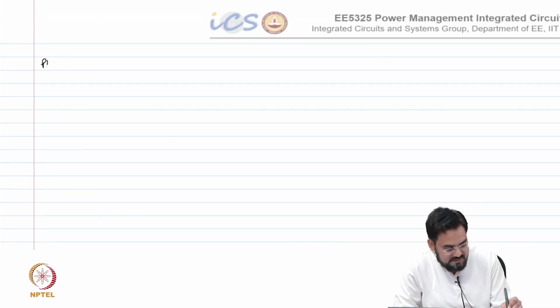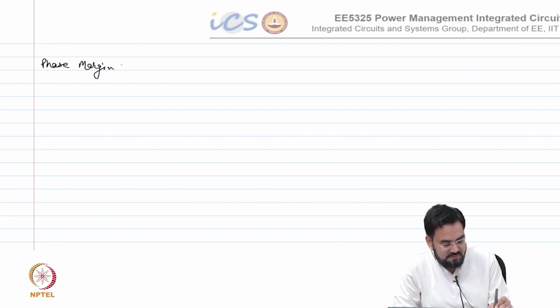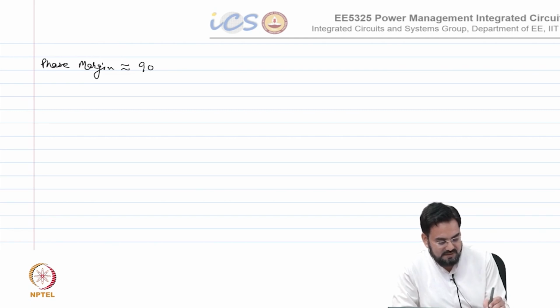So phase margin is approximately 90 zeta to 100 zeta.